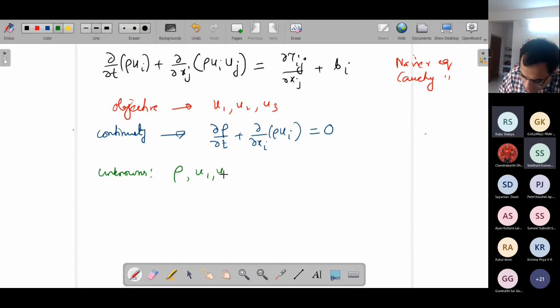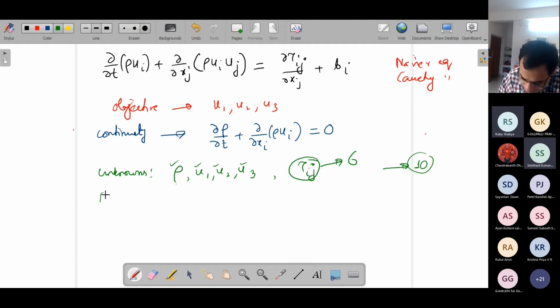Of course, the velocity components, and the tau ij, there are 6 unknowns because we have earlier seen that although it could be 9 components, because of tau ij equal to tau ji, you have 6 basic independent ones, and those are your unknowns. So in that way, you have 1, 3, plus 6, total 10 unknowns.